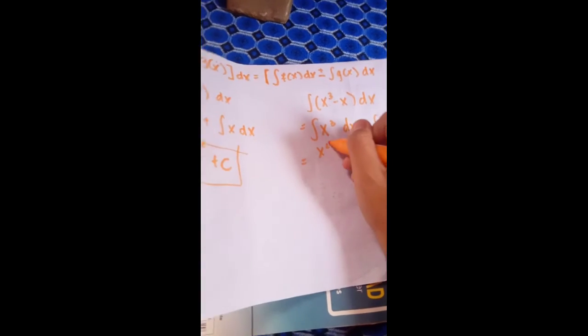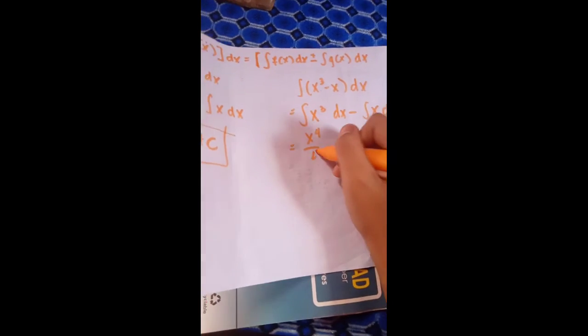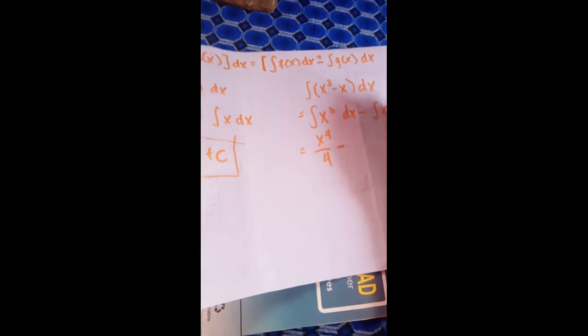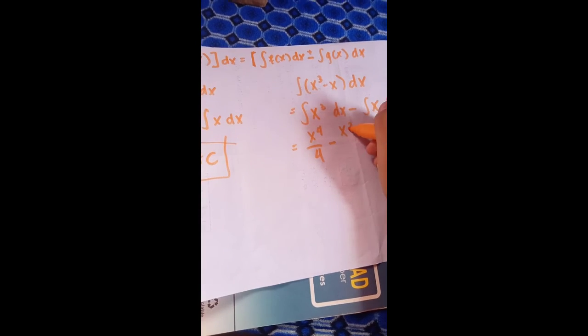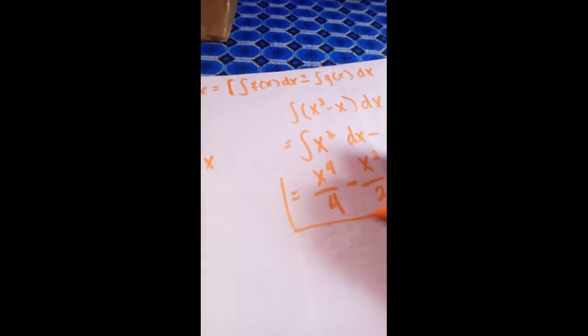So we apply the power rule, which gives us x to the power of 4 over 4 minus x squared over 2 plus c. So that's what we have.